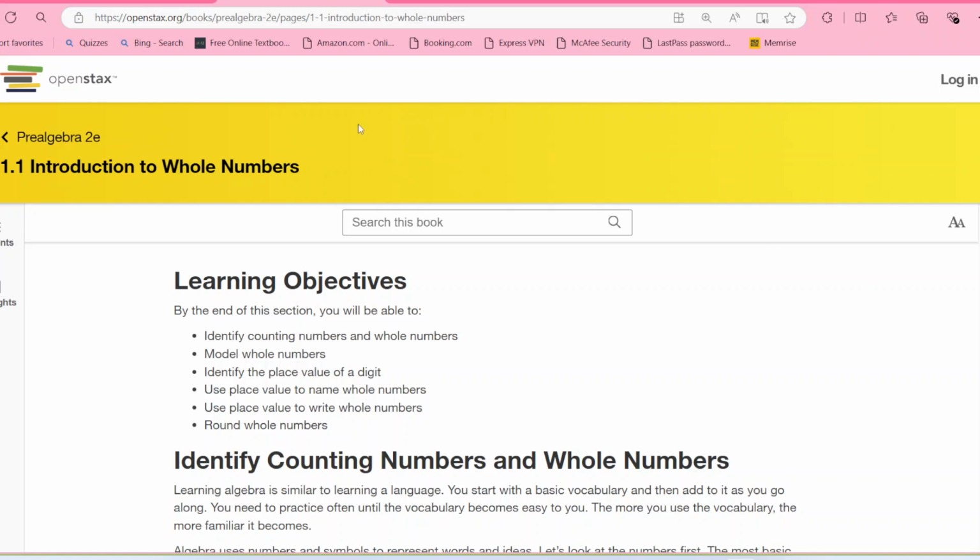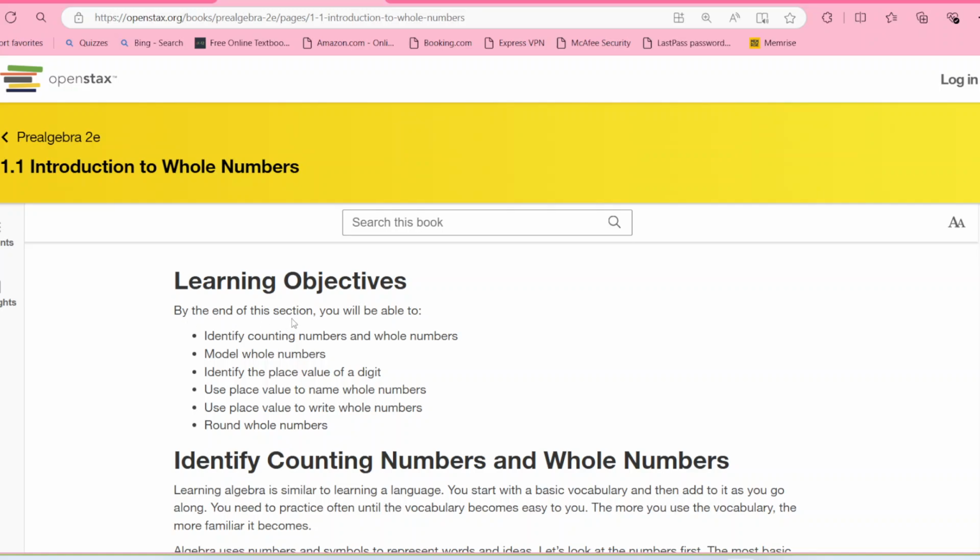So here we are at the site openstax.org. Again, it's Pre-Algebra 2nd edition, section 1.1, Introduction to Whole Numbers. At the beginning of every section, there are the learning objectives for that section.